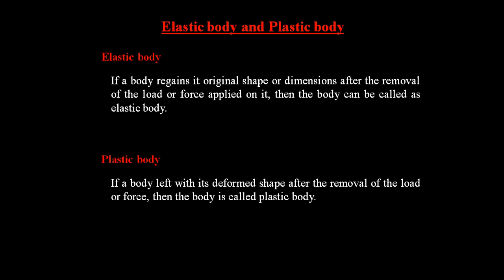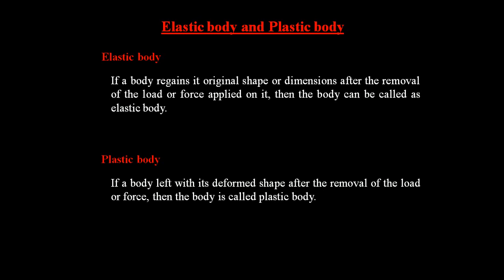If that deformation is permanent, even after the removal of the load, then that type of body can be called a plastic body. If the deformation disappears after the removal of the load, the body can be called an elastic body. If the deformation exists even after the removal of the load, then the body can be called a plastic body. That is about elastic body and plastic body.